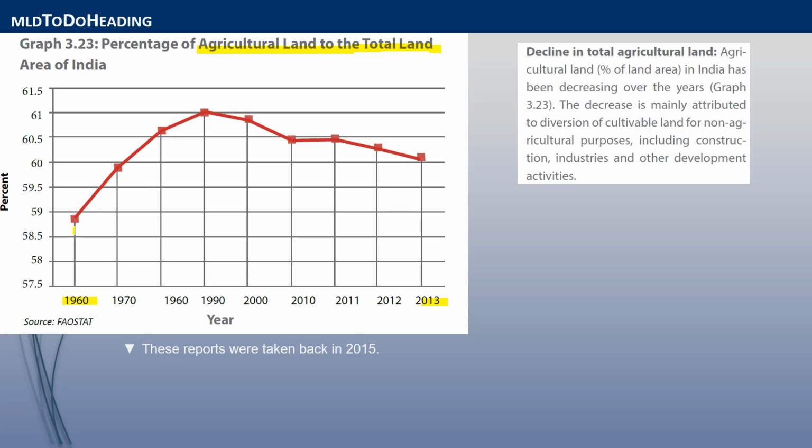From 1960 to the 1990s, the area for agricultural land was gradually increasing, and since then the available land for agriculture is decreasing. So there is a constraint of reduced agricultural land.